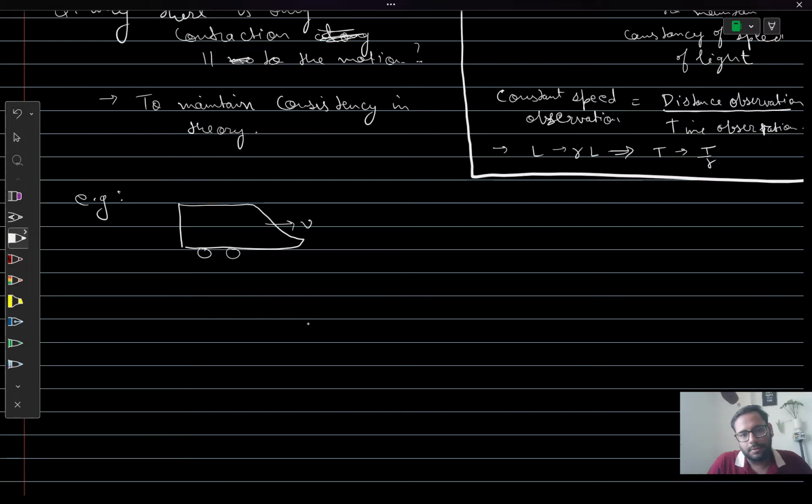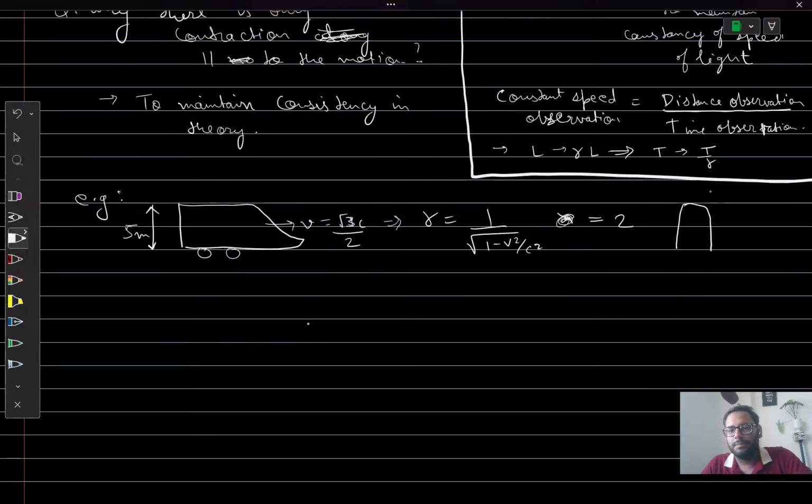Okay, moving with some velocity equal to root 3 c by 2, where c is the speed of light. You will find that the gamma, which we have defined like this, will always be greater than or equal to 1, and here it will be equal to 2. Suppose the height of this train is 5 meters, and this train is approaching a tunnel here.